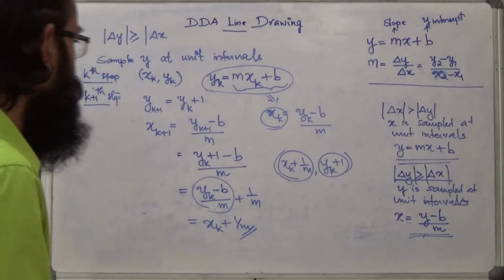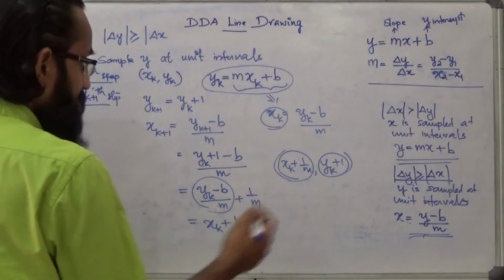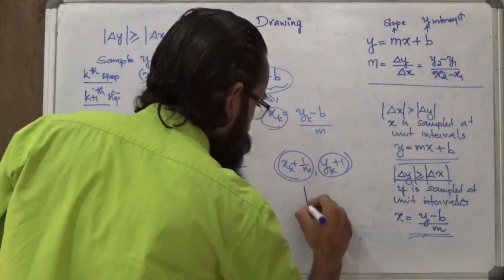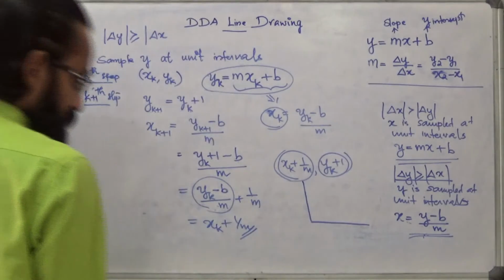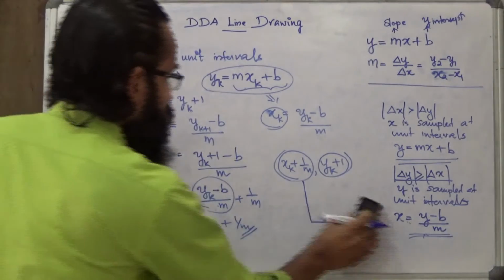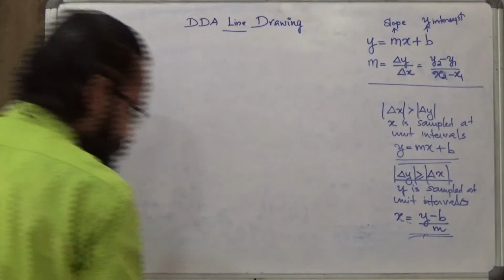So what happens if the line is having negative slope? Before that, let me summarize the points.